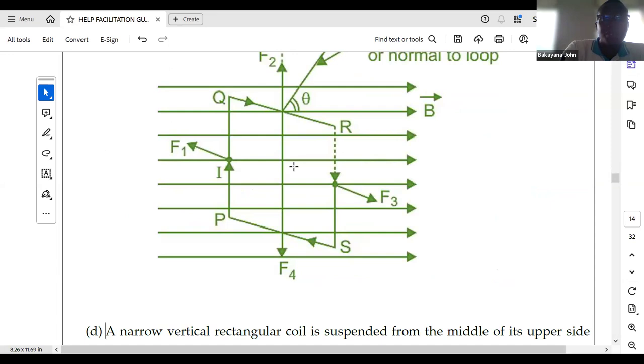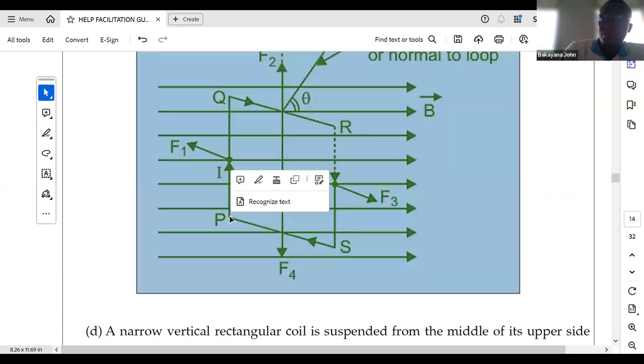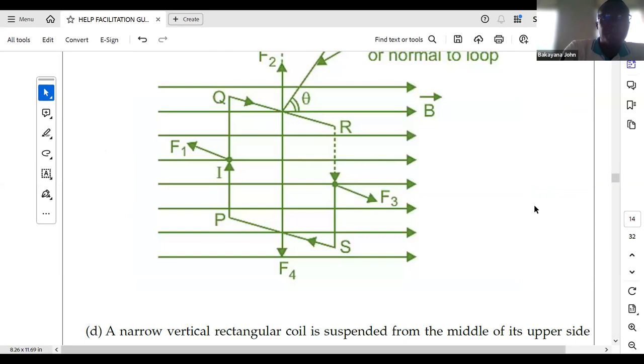So it is carrying current in the direction given PQ, and then the other side of the coil has current in the direction RQ. You know that when you place a rectangular coil in between the poles of a magnet, according to Fleming's left-hand rule, that is if it is a motor, if it is a generator, we use Fleming's right-hand rule.